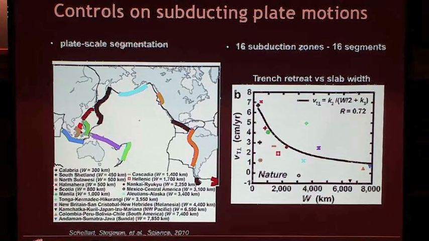But the other ones that have less variability along trench tend to show a trend where the fastest trench retreat rates are the ones that are the most narrow, and the widest have very little trench retreat. And here's that 7 centimeters per year. If you have a super narrow plate, it will probably subduct entirely through slab rollback. So there's a strong function of the width of the subducting plate from modern plate motions.